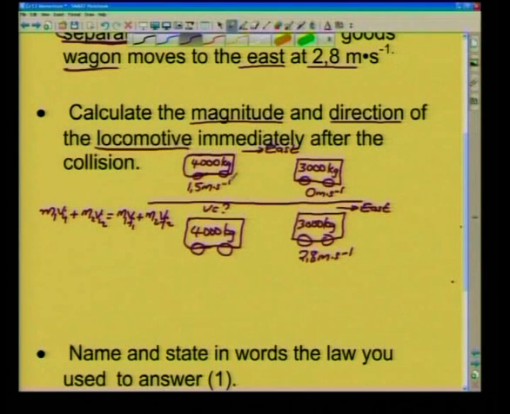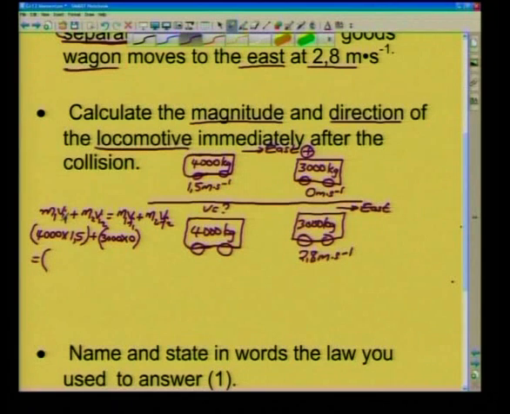Mass of 1 is the mass of the locomotive, 4,000, times initial velocity of 1. Let's take east to be positive, so this will be times positive 1.5, plus mass of 2, which is 3,000, the mass of the goods wagon, times its initial velocity, which is 0.